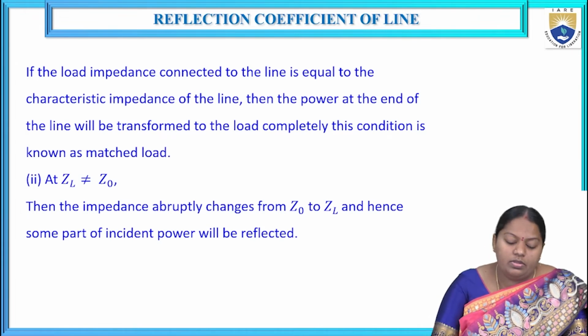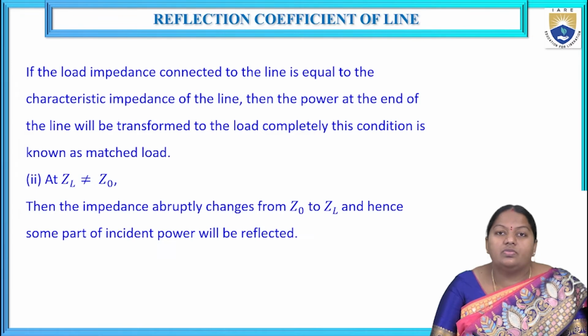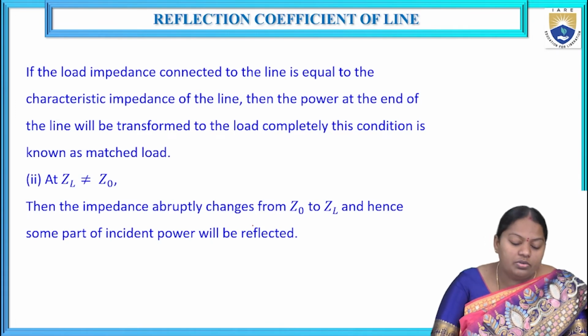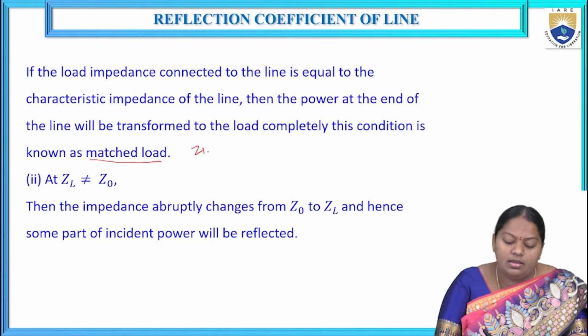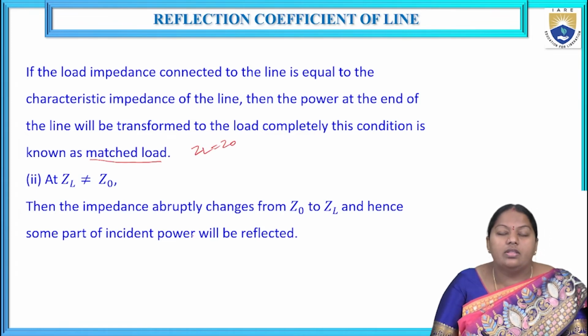Whatever power is supplied by the characteristic impedance at the input side is completely transferred to the load. This is called the matched load condition: for ZL equal to Z naught, there is no reflection.